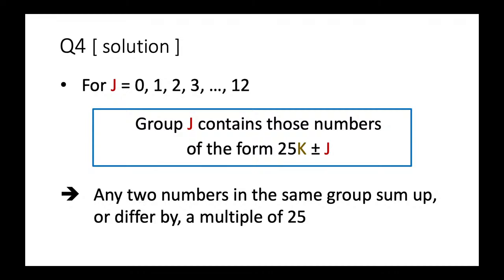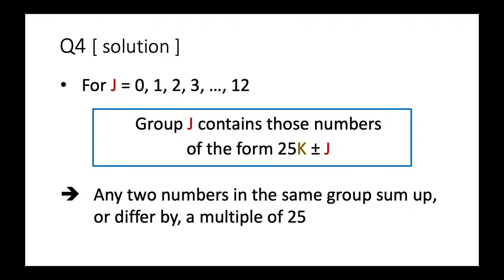Because each number is of the form 25k plus or minus 1, if we take two numbers, either their sum, if one is a plus and the other is a minus, or their difference, if both are plus or both are minus, then any two numbers from this group will have a sum or difference that is a multiple of 25. So this serves our purpose.